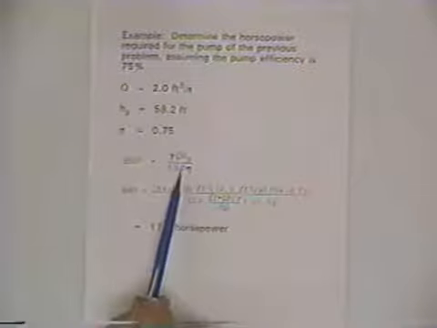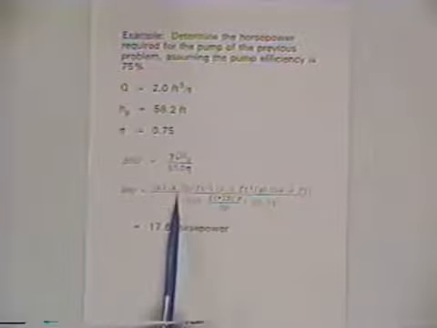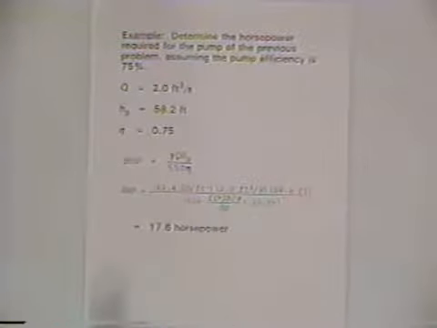In the metric units, the only difference is there'd be no 550. And so we plug in the numbers, the unit weight of the water, the discharge rate, the head, the efficiency, and we figure out that we need 17.6 horsepower. So we need a 17.6 horsepower pump to achieve what we set out to achieve in that previous example problem.